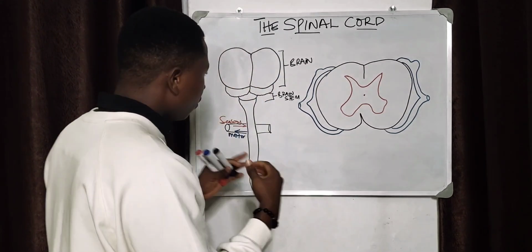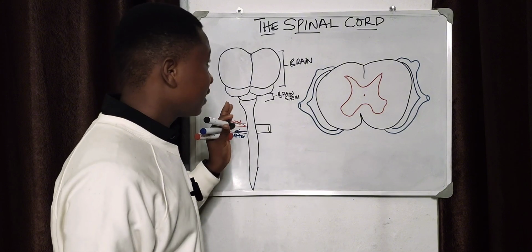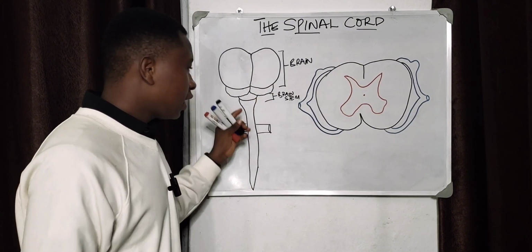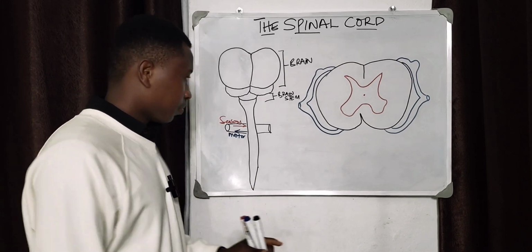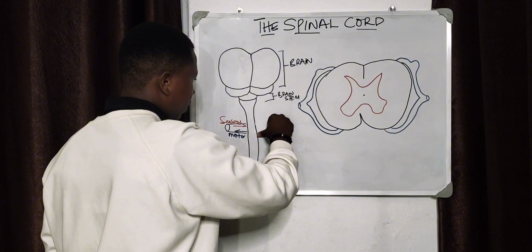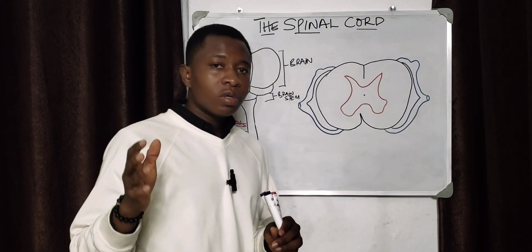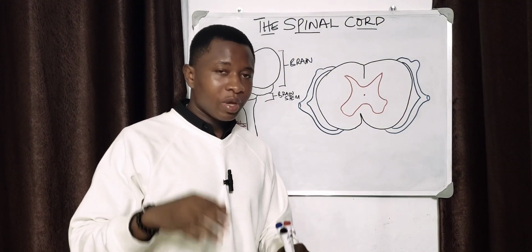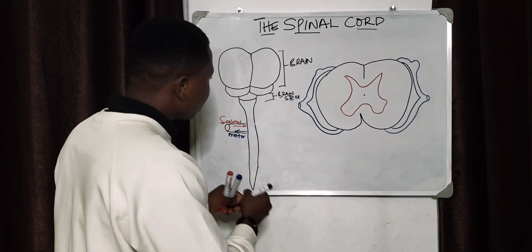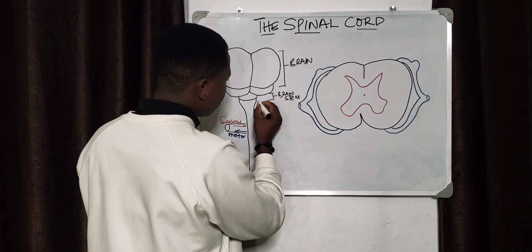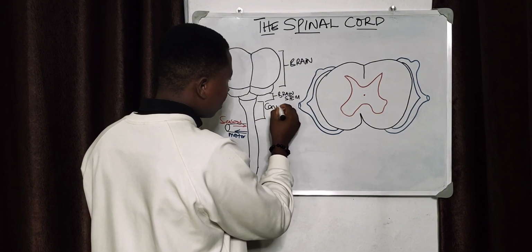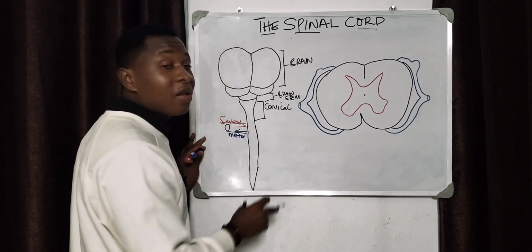Now, looking at the different segments of the spinal cord, sorry, it is short here because of the size of the board. Looking at the different segments of the spinal cord now, the spinal cord is actually divided into 31 spinal nerves. Okay, so we have about 31 spinal nerves. Now, the first is the beginning portion. It is called the cervical nerve.